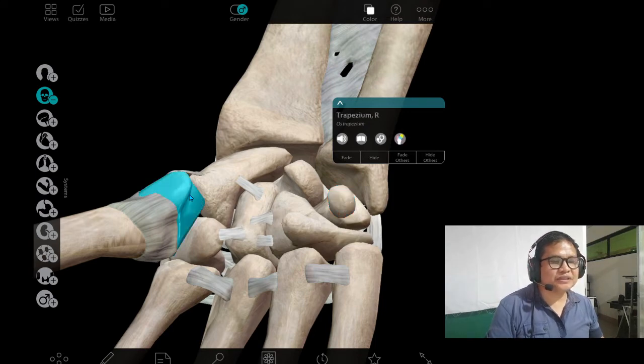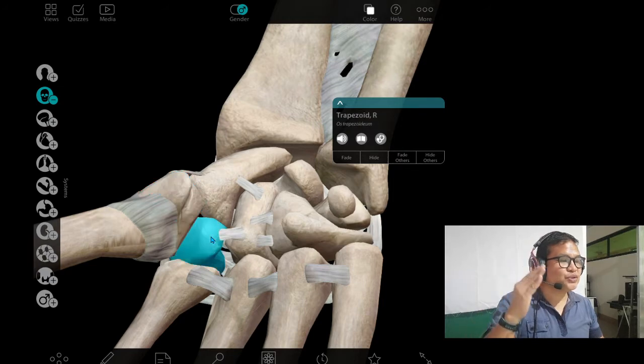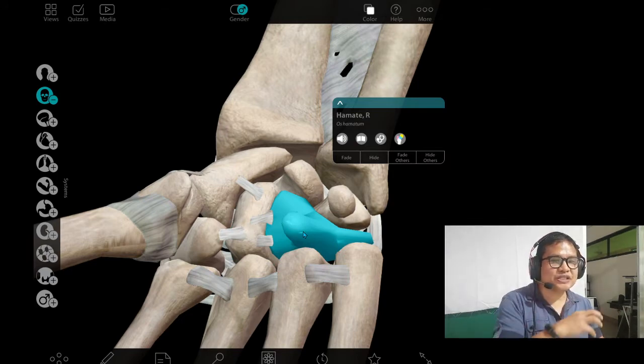Then we have here the trapezium, the trapezoid, capitate, and hamate. Okay, so these are the distal row. So these are the 4 bones found in the distal row of the carpal bones.